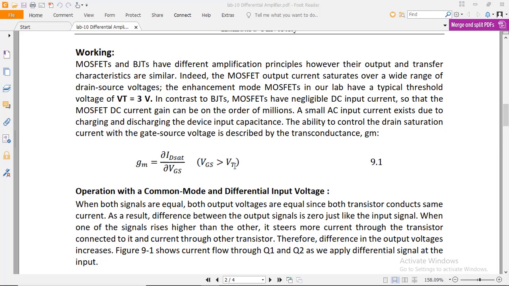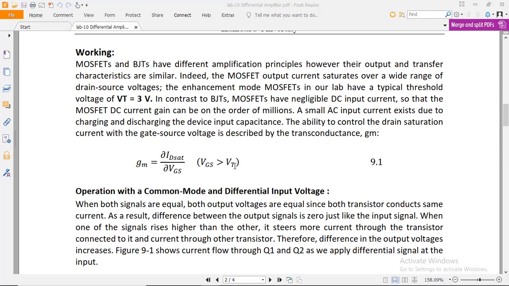Threshold voltage is the level at which the MOSFET starts conducting. When the MOSFET gets 3 volts, it starts working. If you provide less than 3 volts, the MOSFET cannot work in its active or saturation region, and it cannot draw current from the input source.